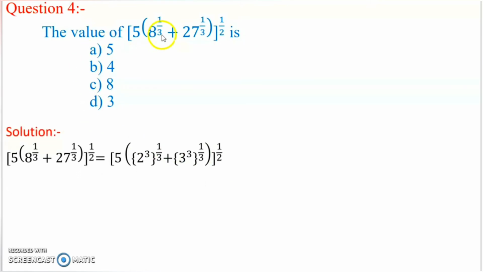So I will simplify this term as, you know that 8 is the cube of 2 and 27 is the cube of 3. So just substitute that over here. So in place of 8 you write 2 cube and in place of 27 you write 3 cube. This I have done so that you can simplify. You can just observe here 2 raised to 3 and this 1 by 3.